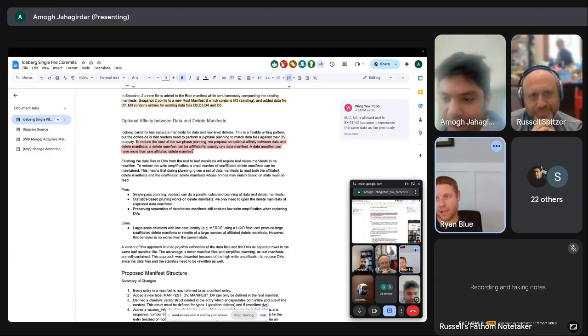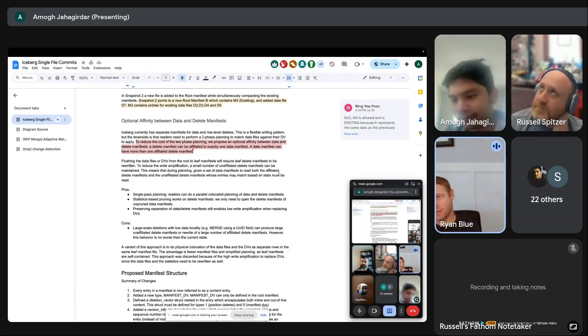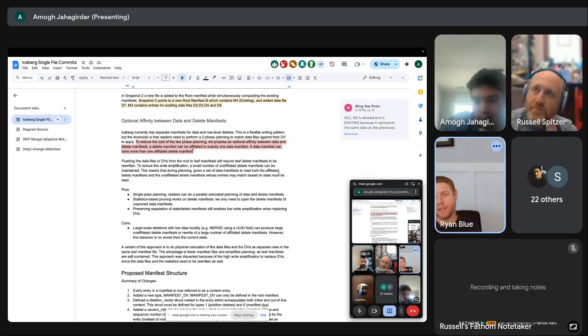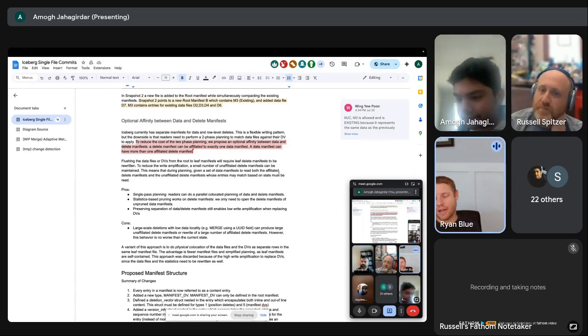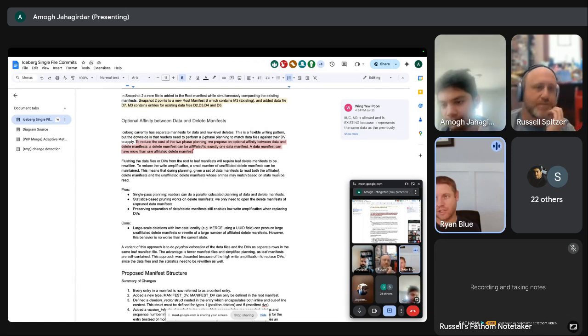For the rest, you read through the manifest, then find any delete files for the files you've projected, so you have a very tight filter when going through the delete manifests that have affinity. And as you're going, you're also probably applying a delete index that has all of the unaffiliated files or DV references.